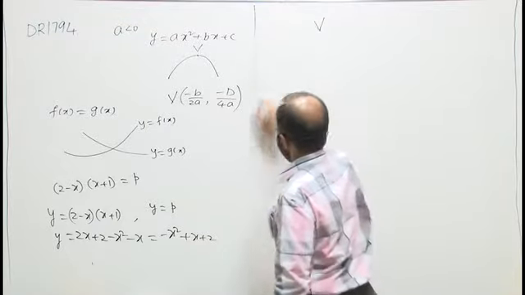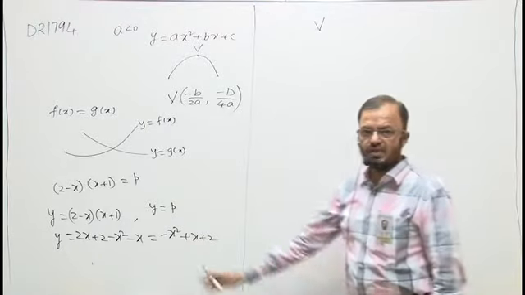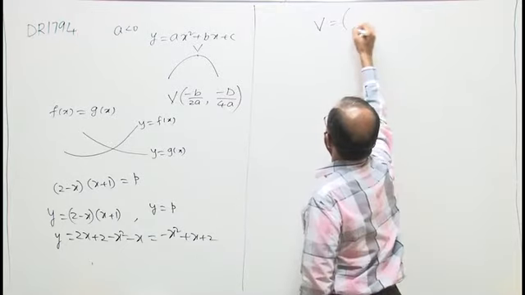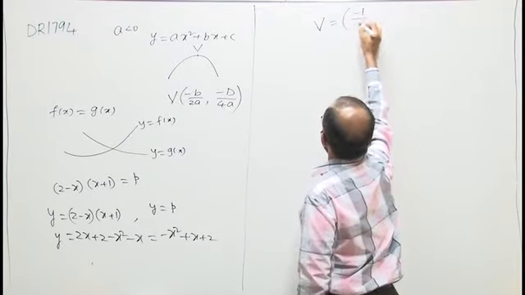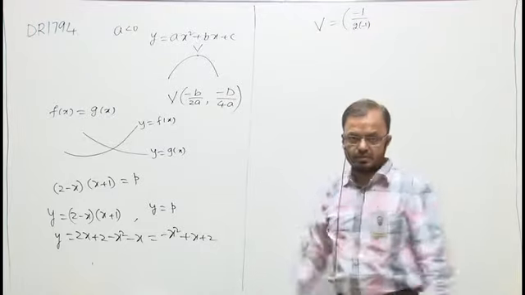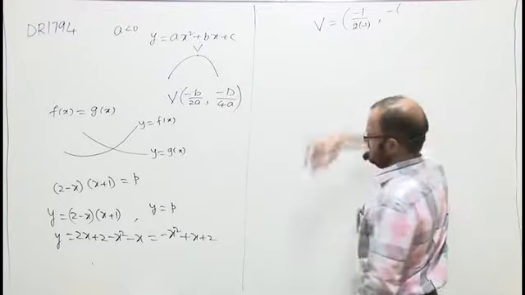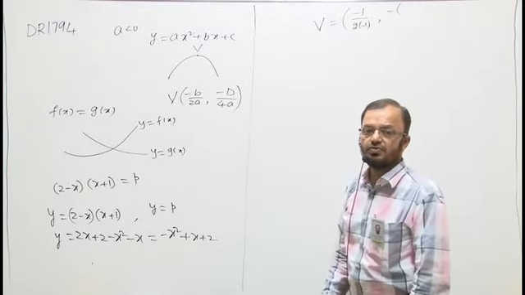Here a is minus 1, b is 1 and c is 2. The vertex is minus b by 2 into a, and minus d by 4a. D means b square minus 4ac.